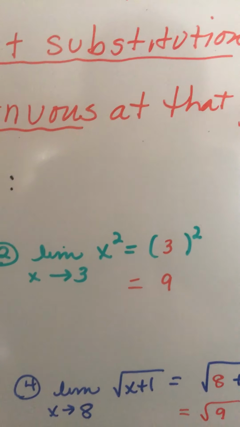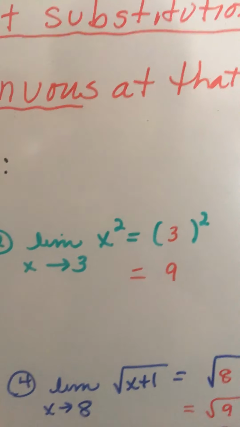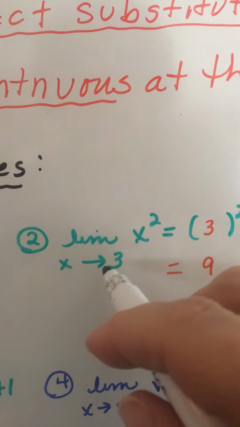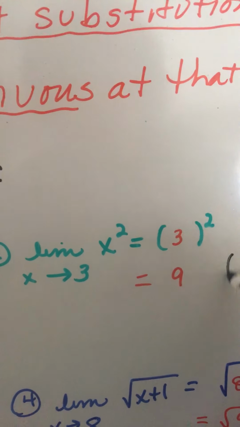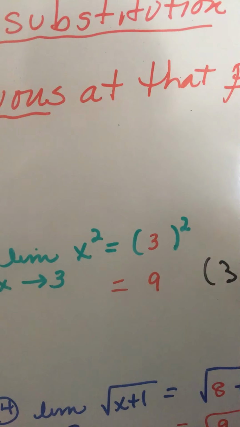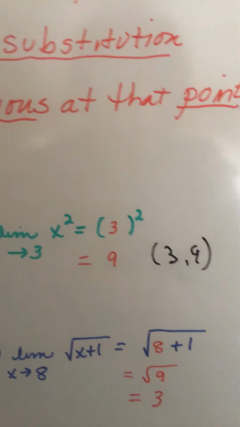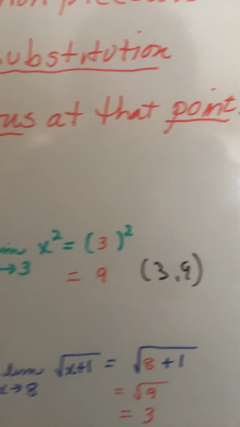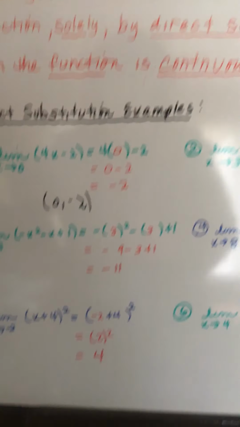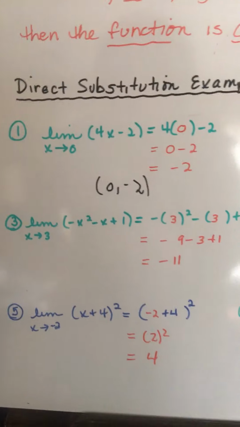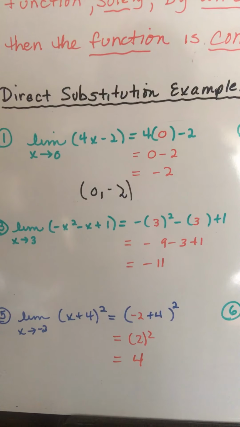Likewise, I directly substitute, no issue, and so the limit exists as I approach 3 and is 9, but also what do we know? The ordered pair 3, 9, that is, the function value at 3 will be 9. This is the connection. Whenever you can directly substitute, you're going to have a function that's continuous.